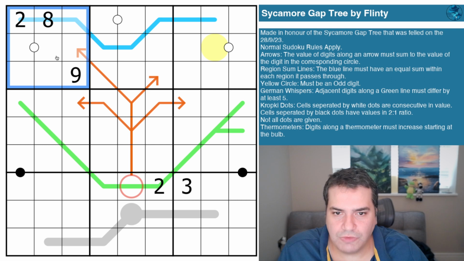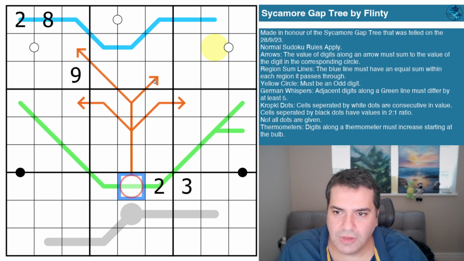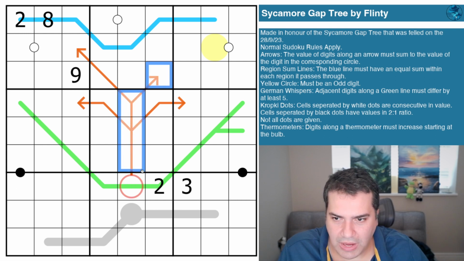Arrows. The value of digits along an arrow must sum to the value of the digit in the corresponding circle. So I'm sort of expecting this is one arrow, and the sum of these is going to add up to this circle. This is another arrow adding up to the same sum, and this is another arrow, and this is another arrow.